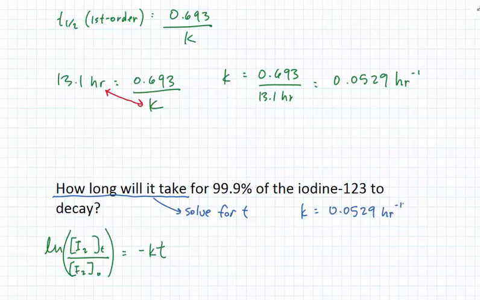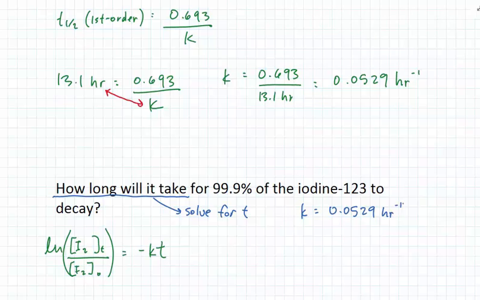Then the only question is, what do we do about these concentrations? Anybody have any ideas? As I said, I want 99.9% of the iodine-123 to decay. Considered a pure substance. Sure. Can you put in a 1 for there and then a 0.99 on top? That would be going from 1 down to 0.99.